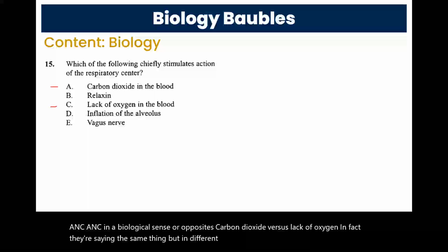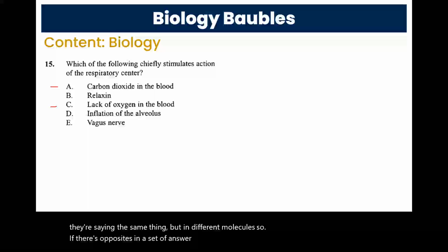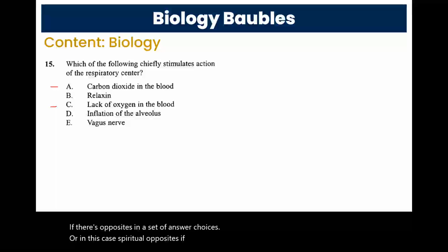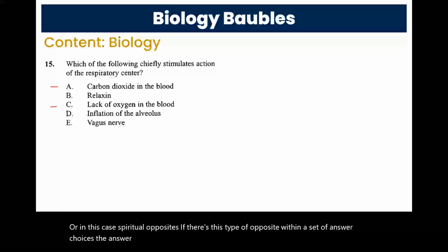So if there's opposites in a set of answer choices, or in this case, biological opposites, the answer is probably one of those two. So this is a common strategy to watch for.